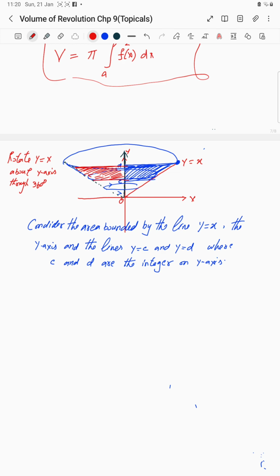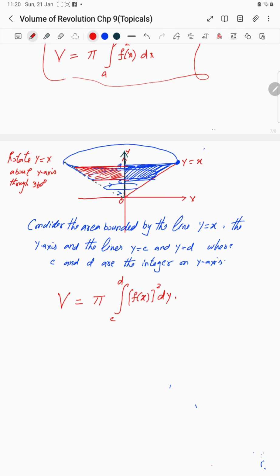solid is called the volume of revolution about the y-axis, and can be formulated as V equal to pi times the integral. The range of this shaded part is C to D. Now this is about the y-axis, so we need to make x the subject, so f of x squared d of y.